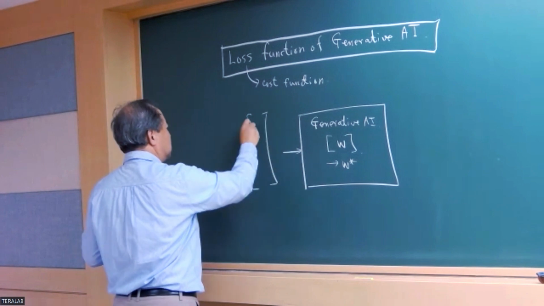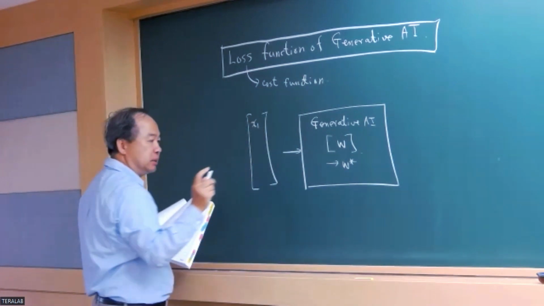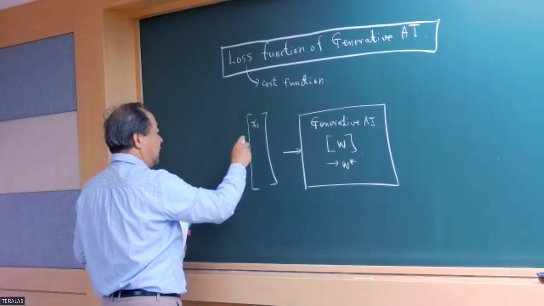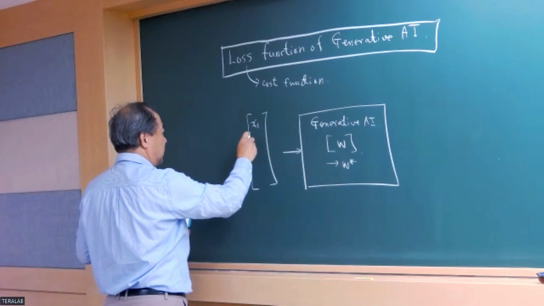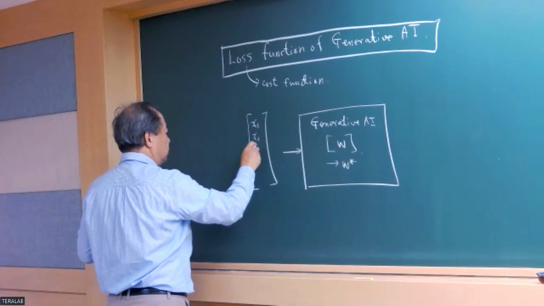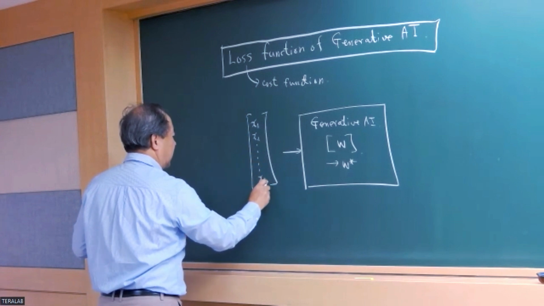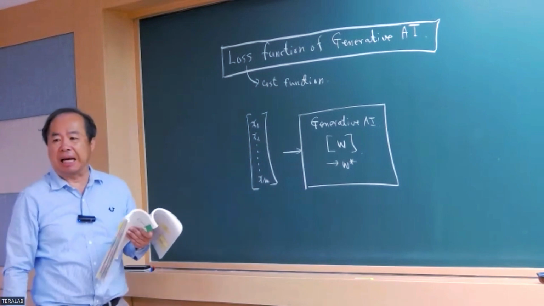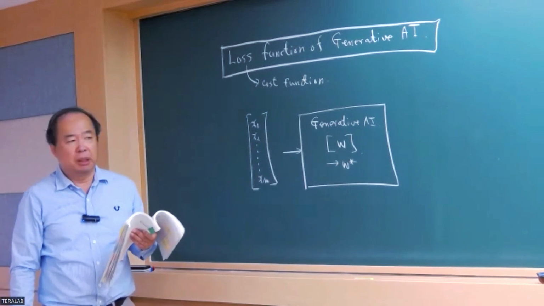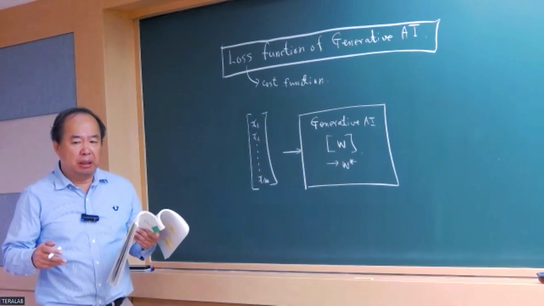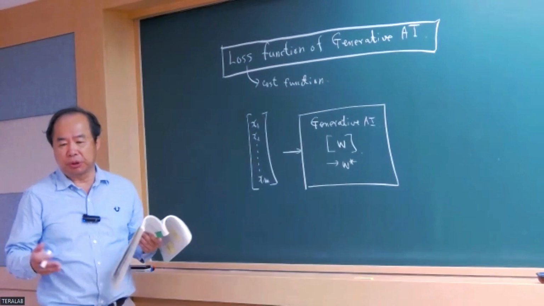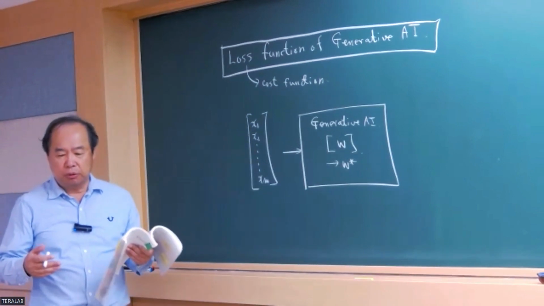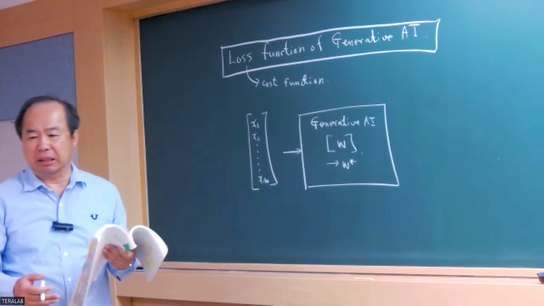Input vector is represented by X vector, and its elements are starting from X1 to X2 to Xm. Actually, M is a very large number, but in the class, we're gonna assume like 2 or 3 to simplify the class contents.